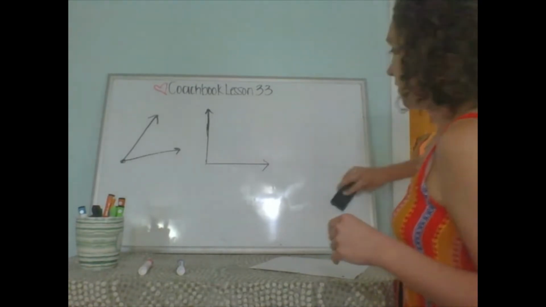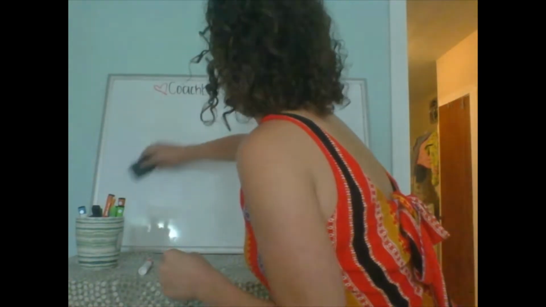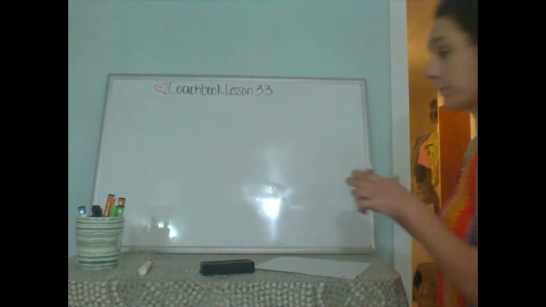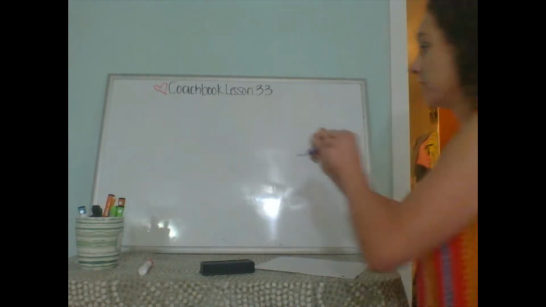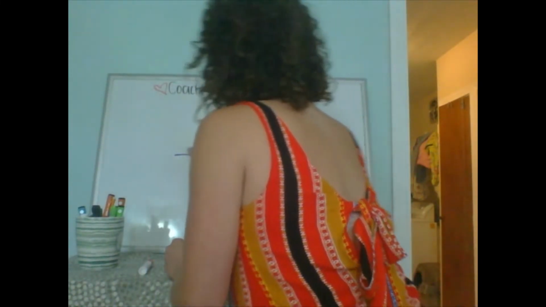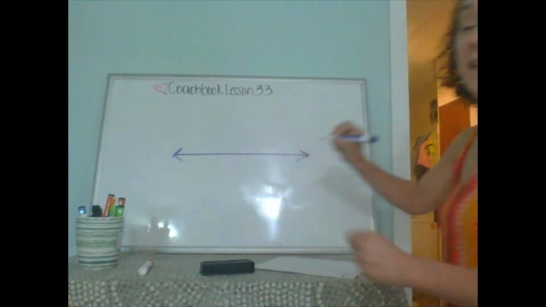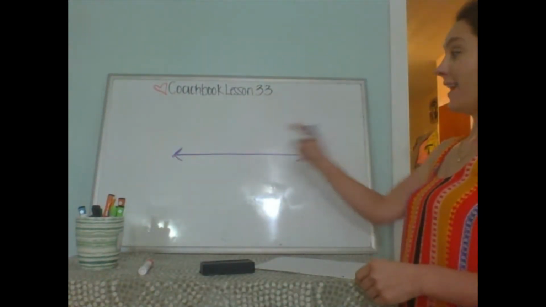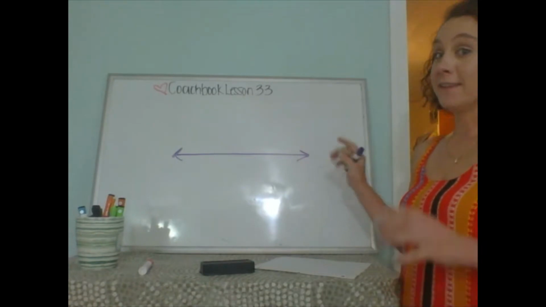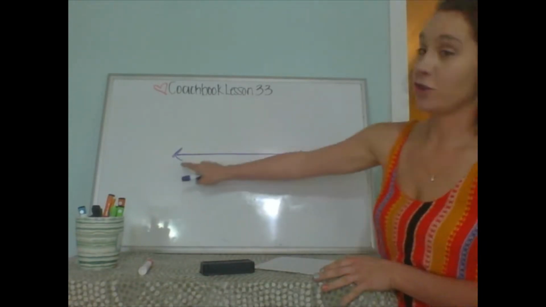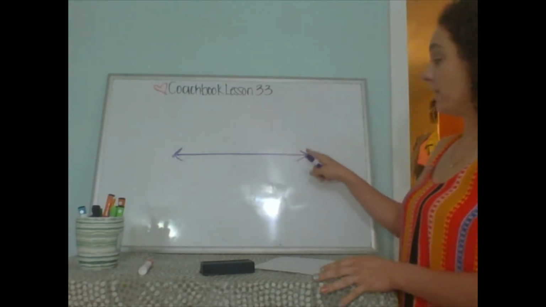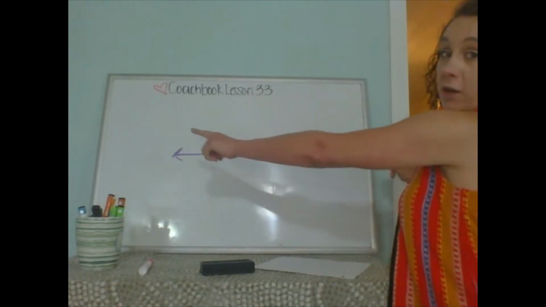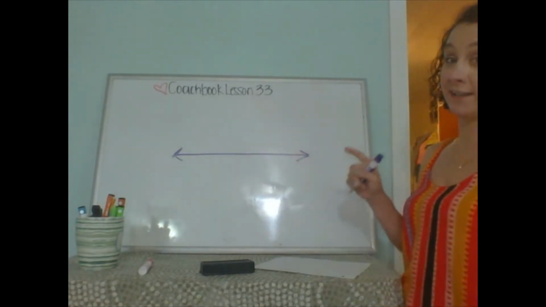The other thing I wanted to review quickly with you guys is if I have something like this, that is considered a line. It's considered a line because if you look, these two arrowheads right here mean that this is going to go on and on and on in both directions endlessly.